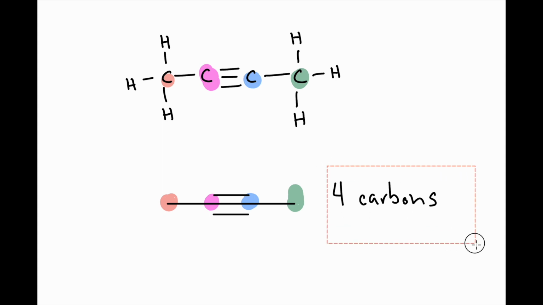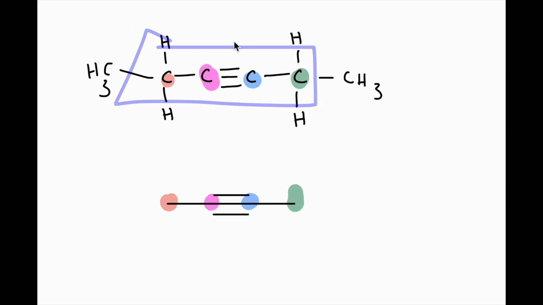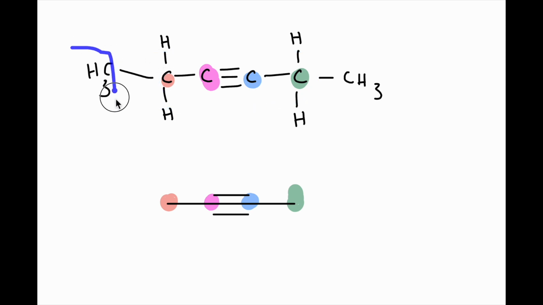But what if we have something with more than 4 carbons? So say, like instead of a hydrogen, we had another carbon, right? So let's say we have another carbon, or a CH3 group, let's say. So how can we show that? Well, this part here, that triple bond there, is still going to be drawn linearly, but this carbon can be shown with a little bit of zig or zag to it.